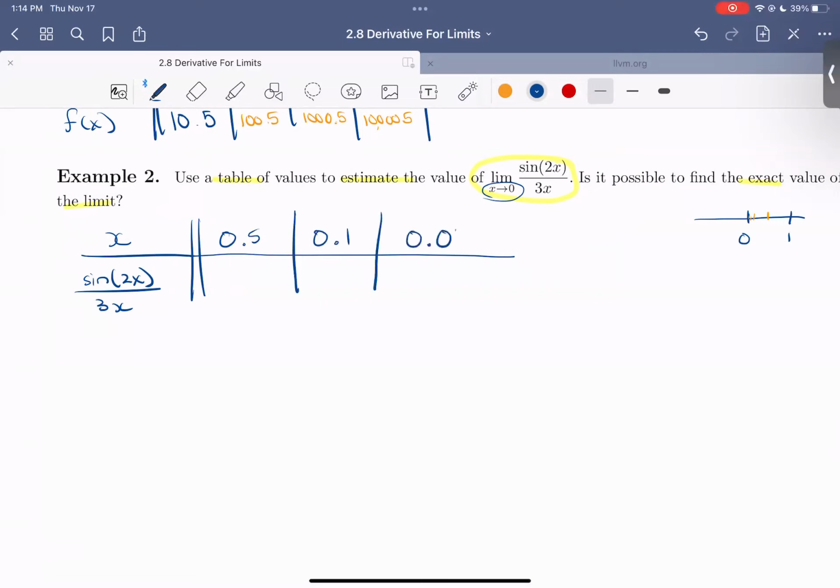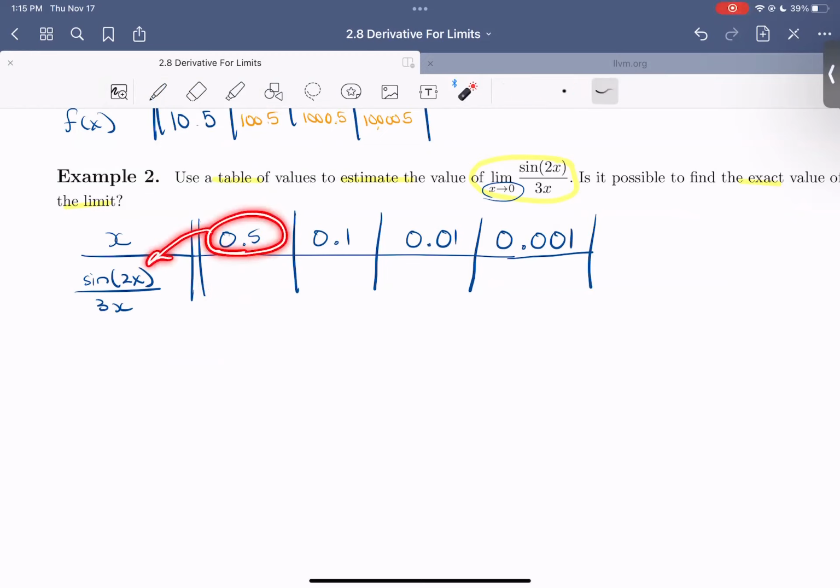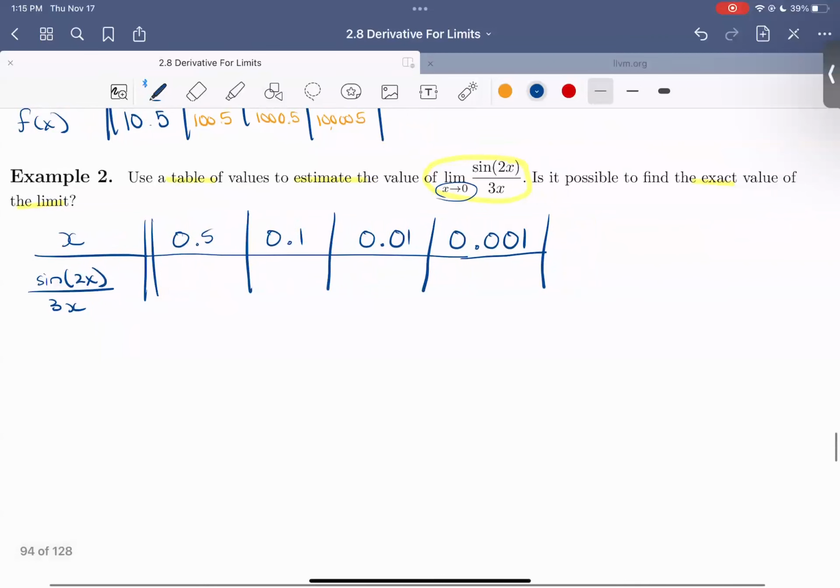So for this table, to compute the corresponding output values, I just plug my test value, like 0.5, into my function. So let's do that together so we can see what that looks like. So we get sine of 2 times 0.5 all over 3 times 0.5.